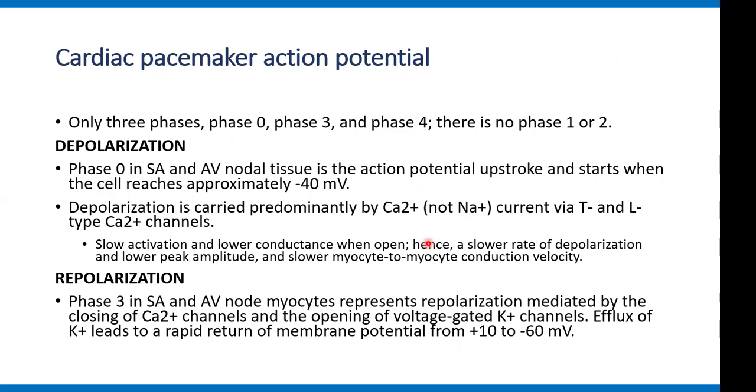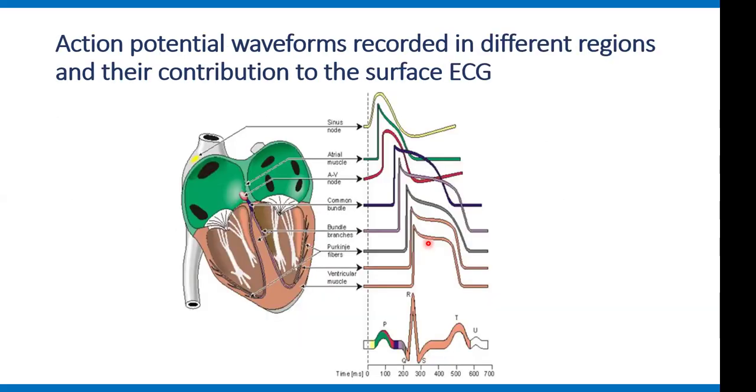So the cardiac action potential, if you look at this diagram, that's the sinoatrial node. It tends to have 3 phases instead of the 5 phases that we have in the ventricular muscle action potential. The AV node also has a similar profile, but the atrial muscle has something that is similar to the ventricular muscle action potential.